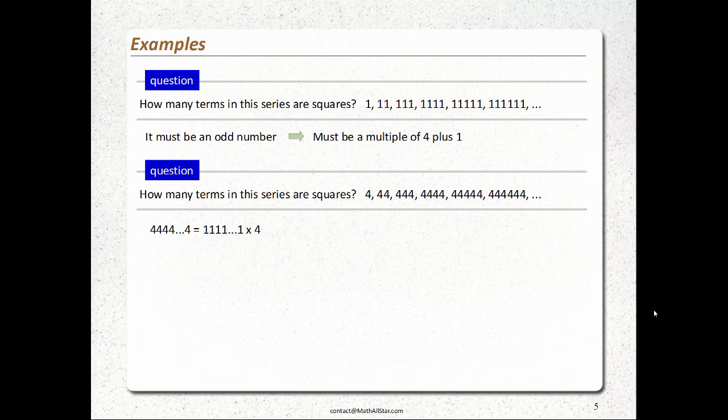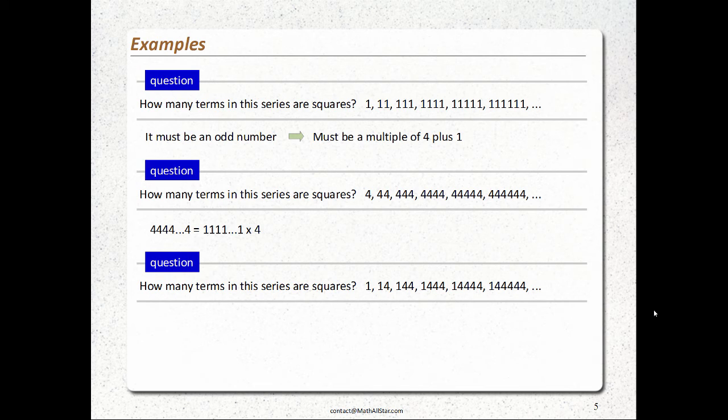Because 4 is a square, in order to make the product a square, the other term must be a square, isn't it? But we know there's only one term in the sequence of the first example that is a square. Consequently, there's only one term in this sequence that is a square.